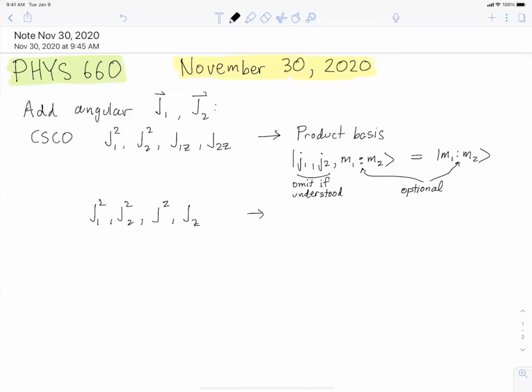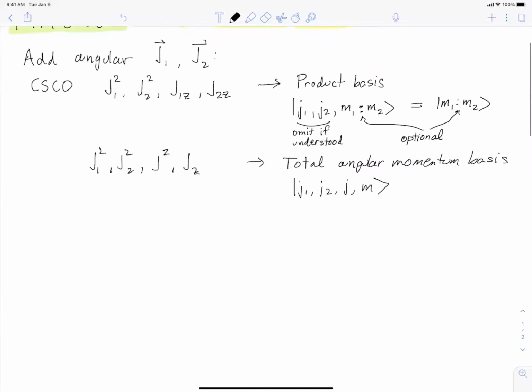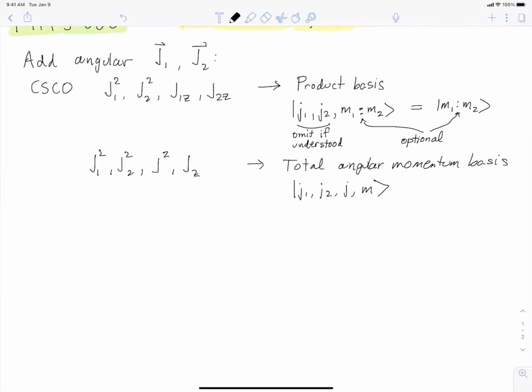Okay, and this is the total angular momentum basis. We can label those states as J1, J2, J, and just M. And so we would never put a colon there. That's how we can tell apart the product basis from the total angular momentum basis.